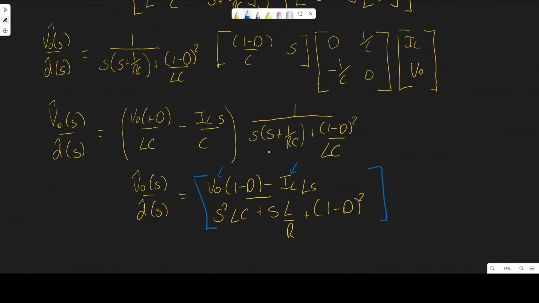For a boost converter, we know that IL is equal to V out over (1 minus D) R. If we substitute this into this transfer function, we can rewrite it as follows.